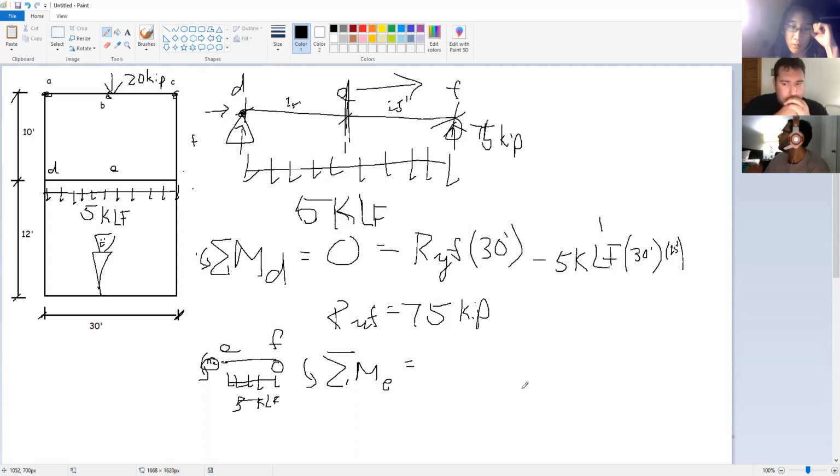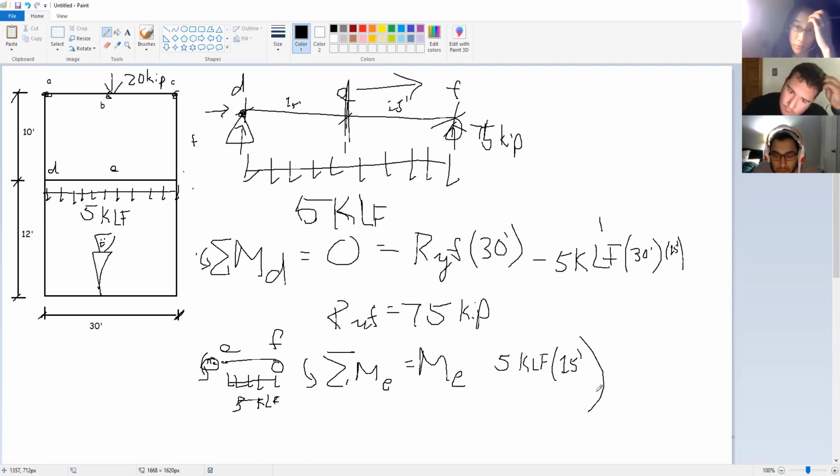This moment is always going counterclockwise, so it's positive. And we have this 5 KLF linear load. We have to convert it into a force. So how far is this stretching? We cut it in half, so it's just going to be 15 feet.